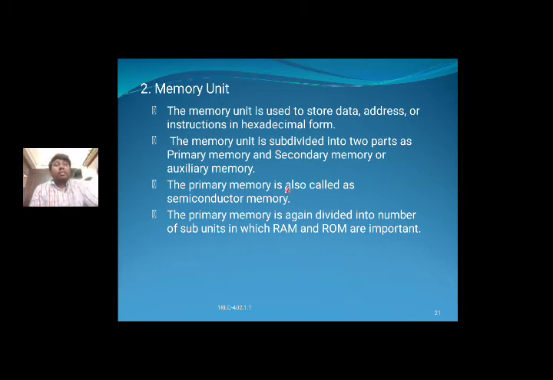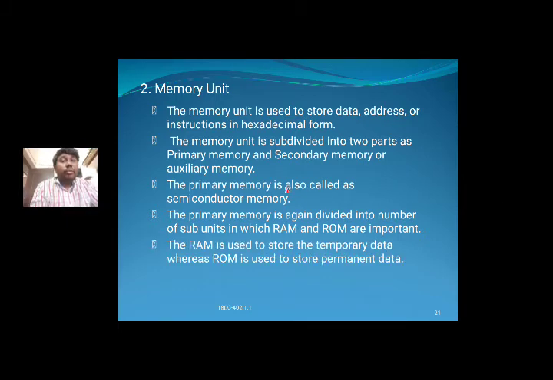These are the important points related to the memory unit. One more point is that RAM is used to store temporary data, whereas ROM is used to store permanent data.